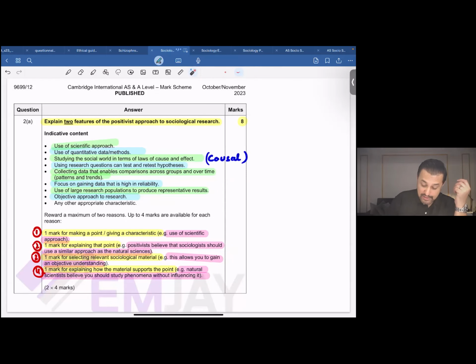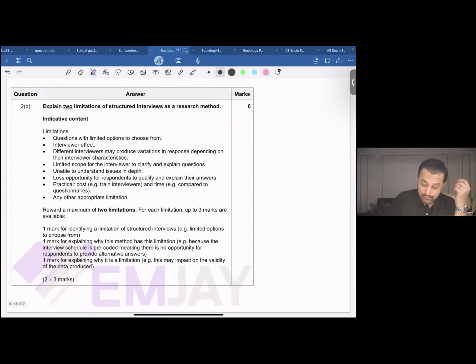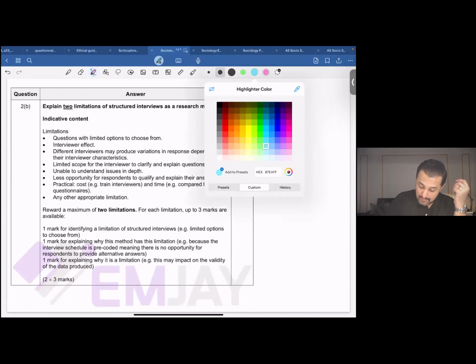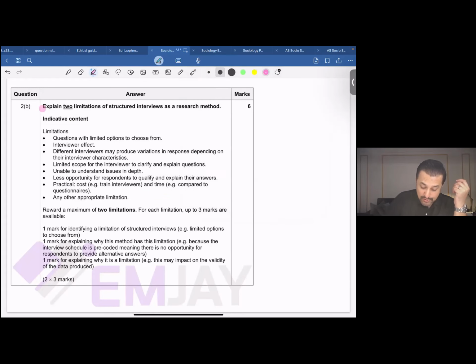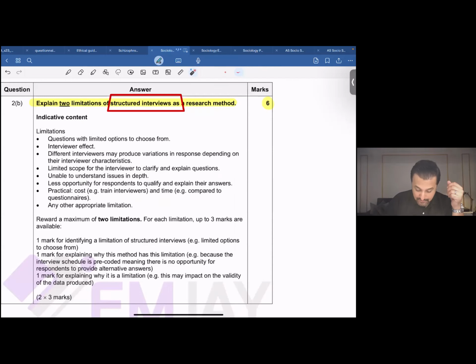Now, the next question, that is 2B. The question over here reads, explain 2 limitations of a structured interview as a research method. Now, again, for this, we need to know what a structured interview is. We use the term structured interview for an interview that has questions written down.